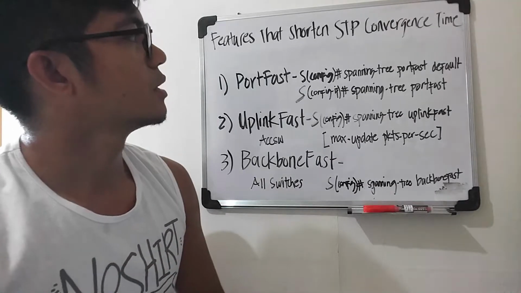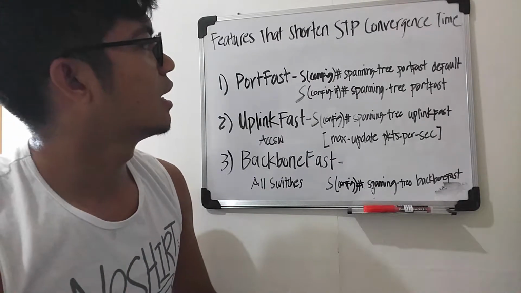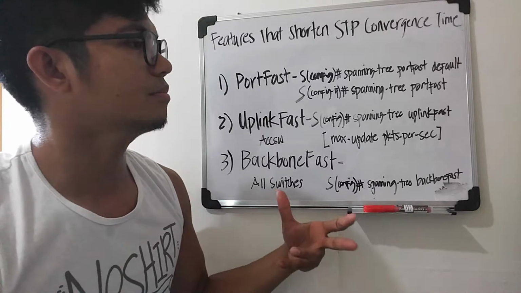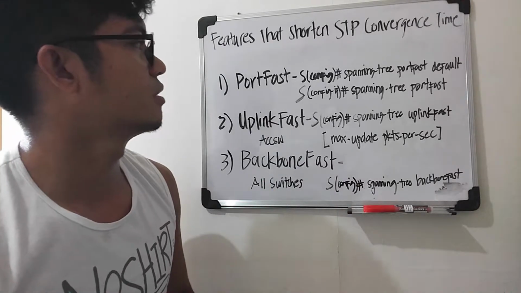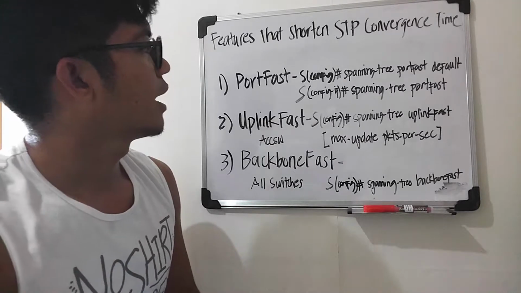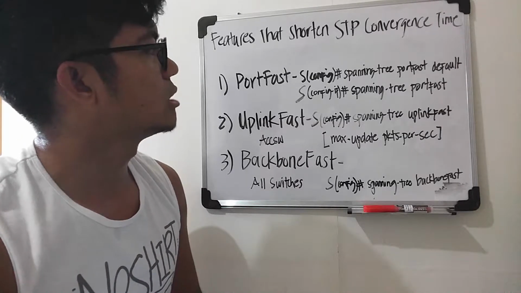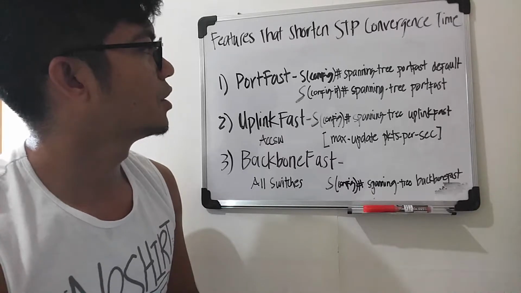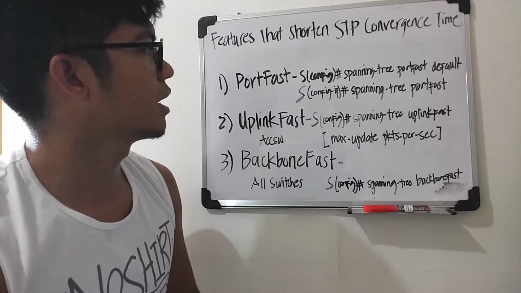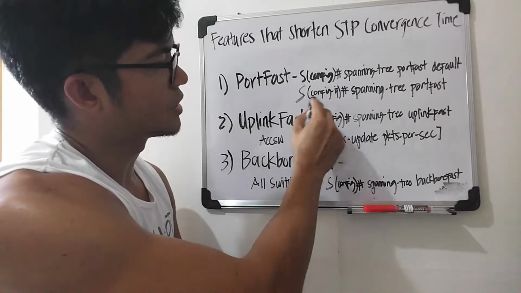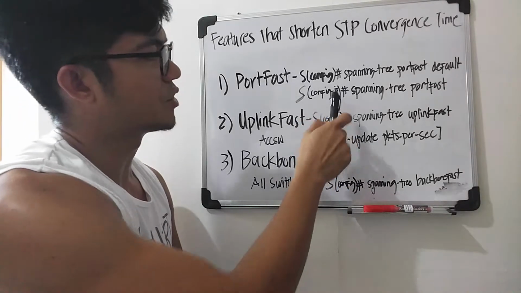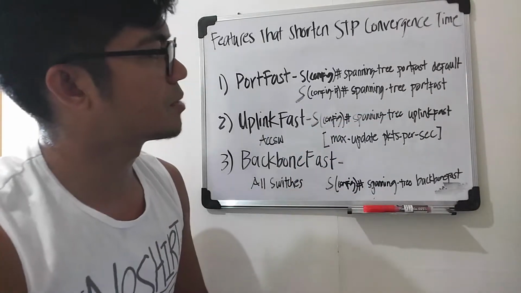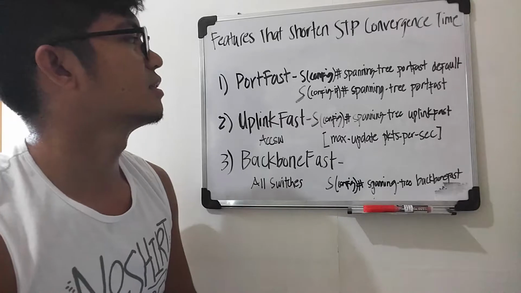If you issue that command, it will be enabled on all the host ports. You can also enable it on an individual port, and of course we are under the interface configuration here. So you just have to type in spanning-tree portfast.